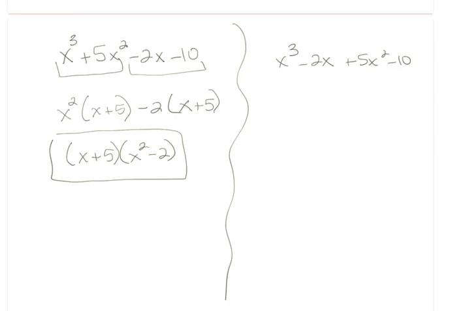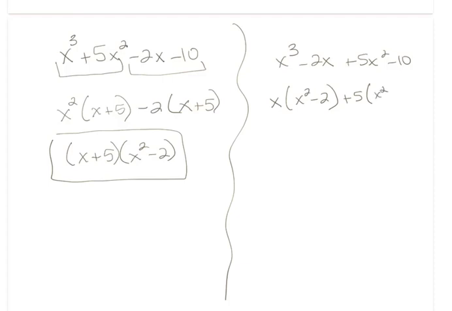Let's try it, right? So we're going to factor out an x, right? And we have what? X squared minus 2. Good so far? So then between 5 and negative 10, we're going to pull out a positive 5, so plus 5. And then we'd have x squared.